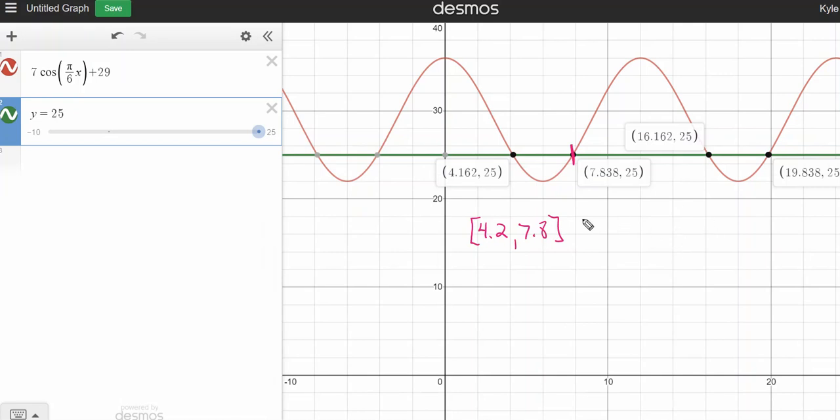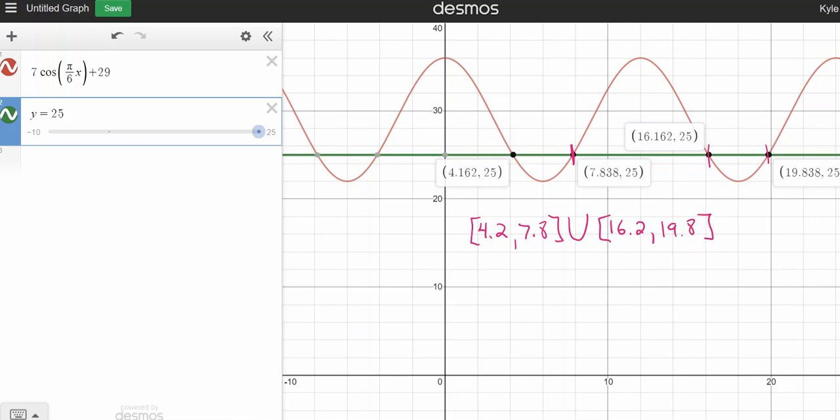Technically you'll see things where it will say "and," but we should be using a union symbol. So it's this unioned with this part. We're just picking up where we left off. Now it's from 16.2, comma, 19.8. And it included all of those points.